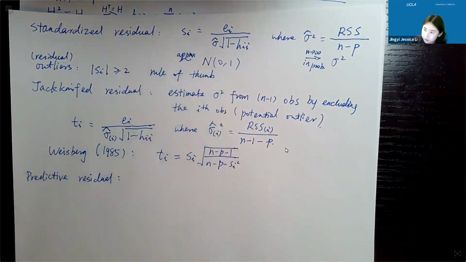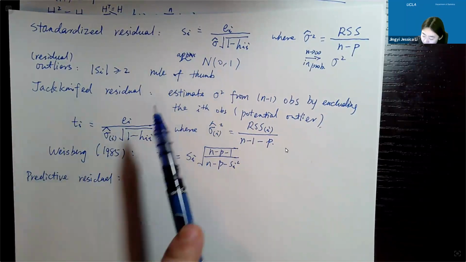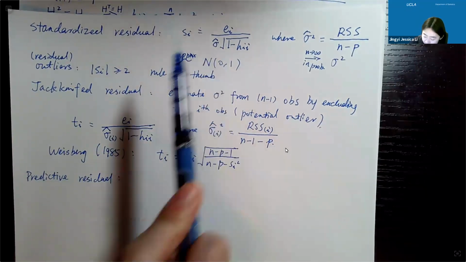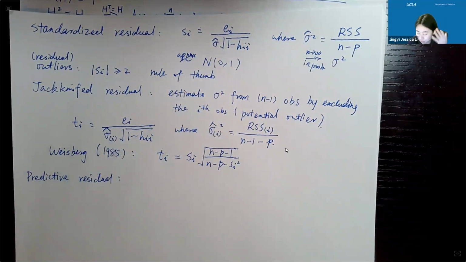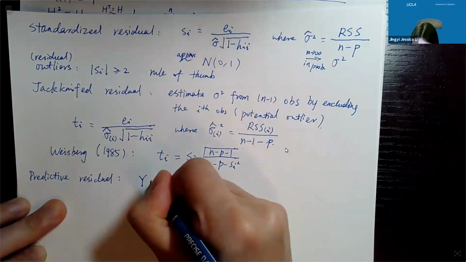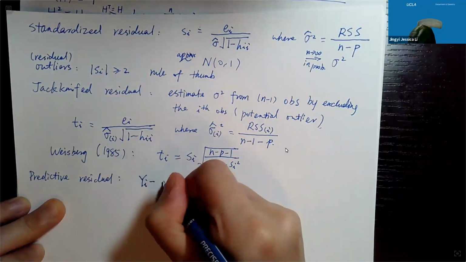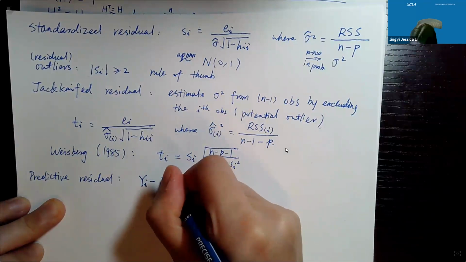For the Jackknife residual, what we change is that we replace sigma hat by sigma hat (i). But still we're going from the route of fitting one regression to start with. While in the predictive residual, we are starting from Jackknife immediately. So this is defined as y_i minus y hat (i).